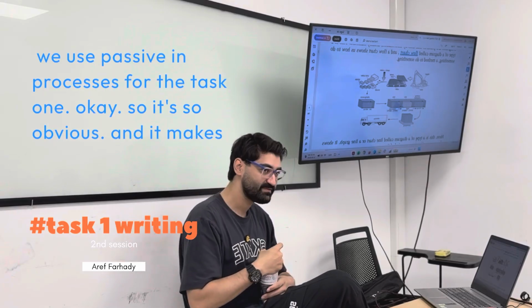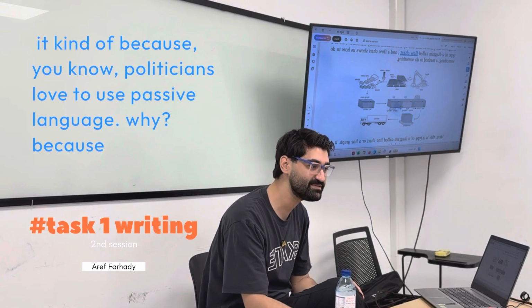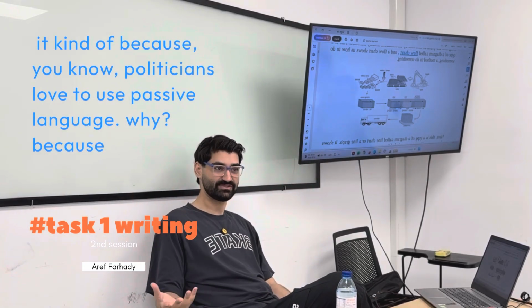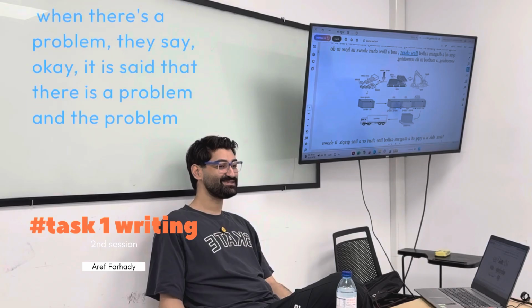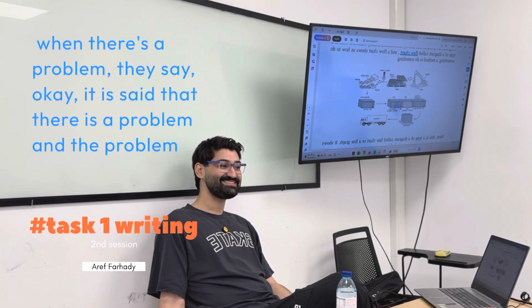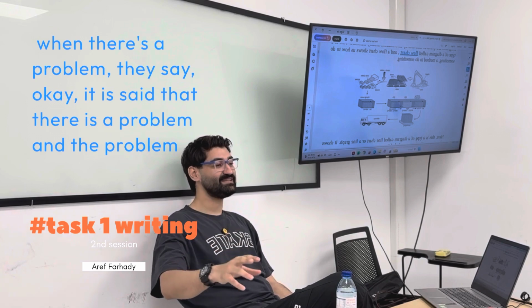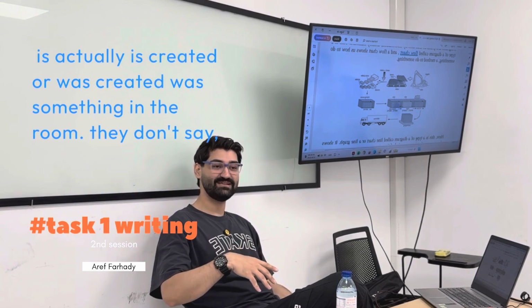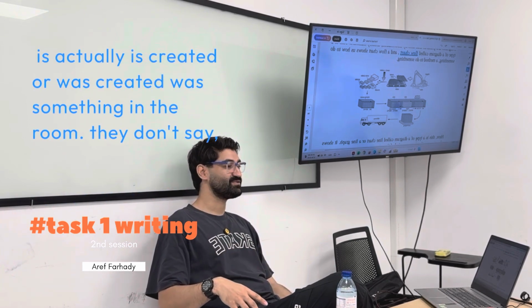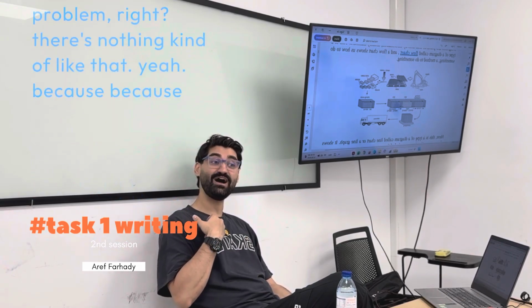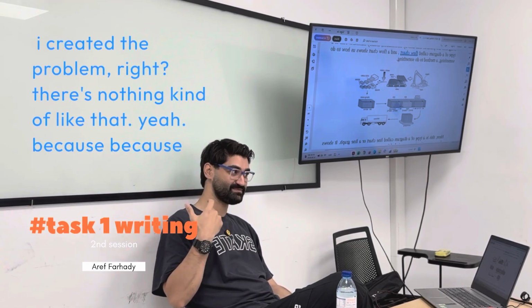It's so obvious. And, you know, politicians love to use passive language. Why? Because when there's a problem, they say, okay, it is said that there is a problem, and the problem was created with something, and they don't say I created the problem, right?